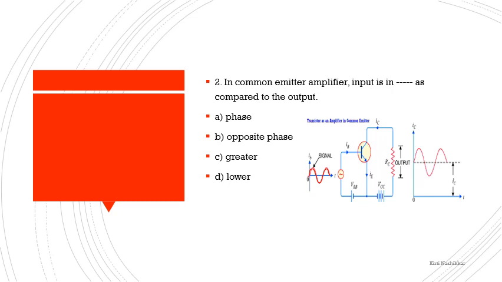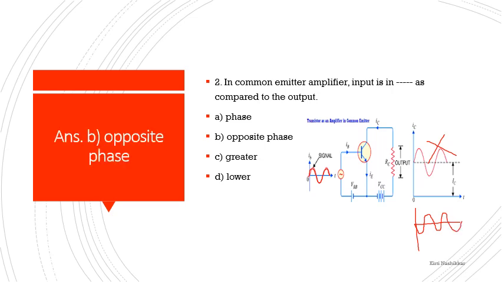So at the output we are not getting the waveform like this, the waveform is in the opposite phase, like this. So this is the exact output, and that's why the answer is opposite phase, that is 180 degrees. There is a 180 degree phase shift between the input and output.